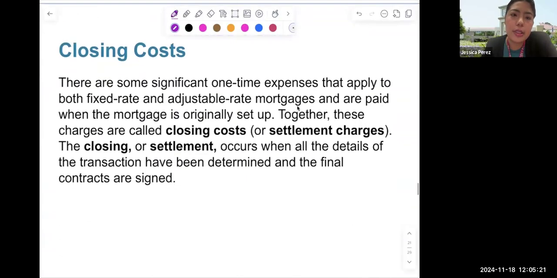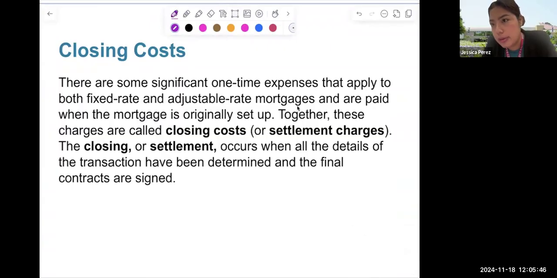So closing cost, the definition of a closing cost: there are some significant one-time expenses that apply to both fixed rate and adjustable rate mortgages and are paid when the mortgage is originally set up. Together, these charges are called closing cost or settlement charges. The closing or settlement occurs when all the details of the transaction have been determined and the final contracts are signed.